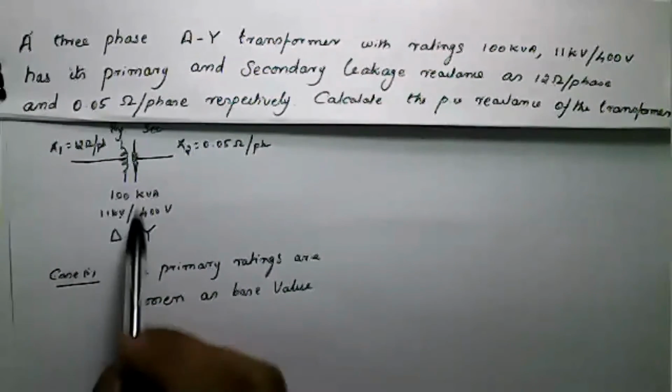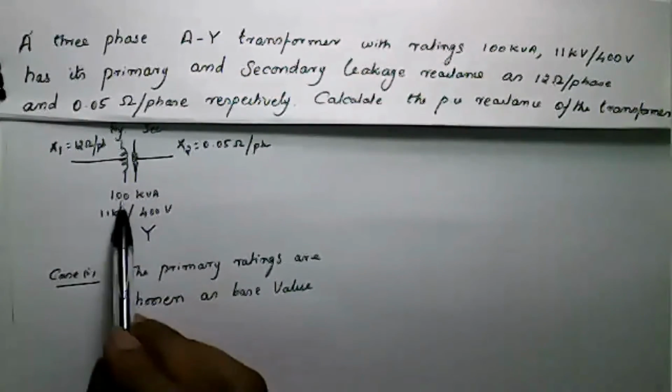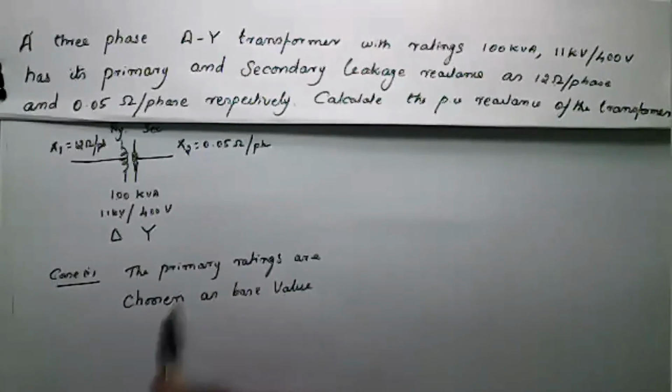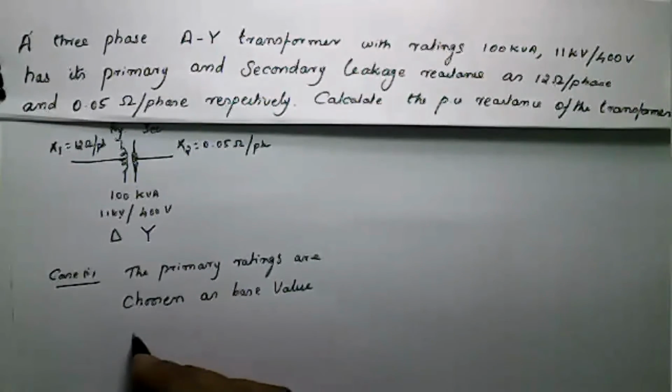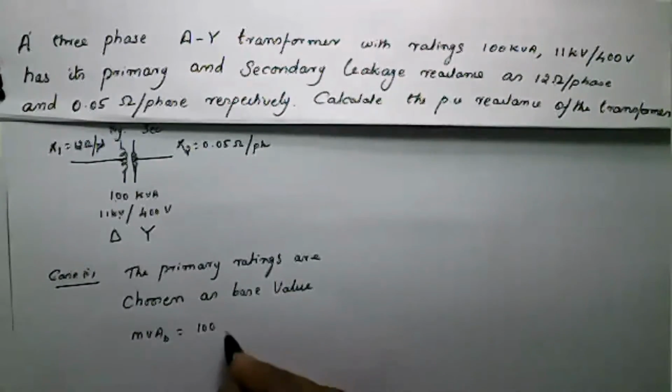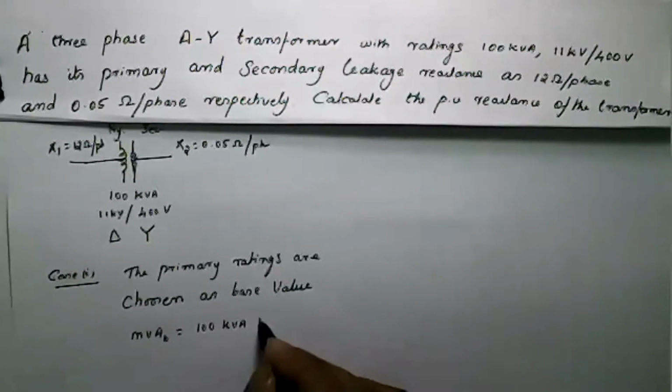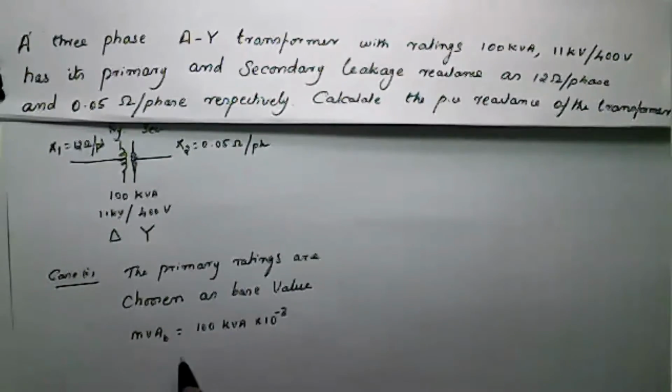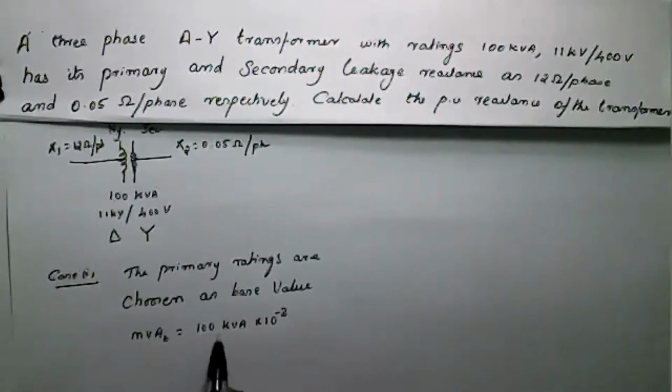Therefore, the primary side power rating is 100 kVA, and the secondary side power rating is also 100 kVA. Here, the megavolt ampere base rating is equal to 100 kVA into 10 power minus 3, that is, 100 into 10 power minus 3 megavolt ampere.